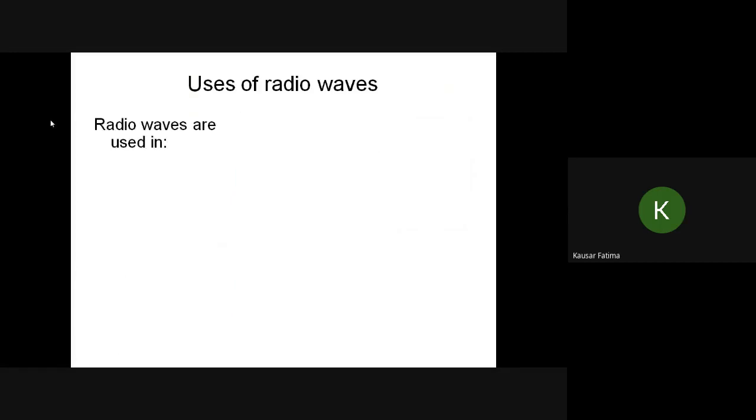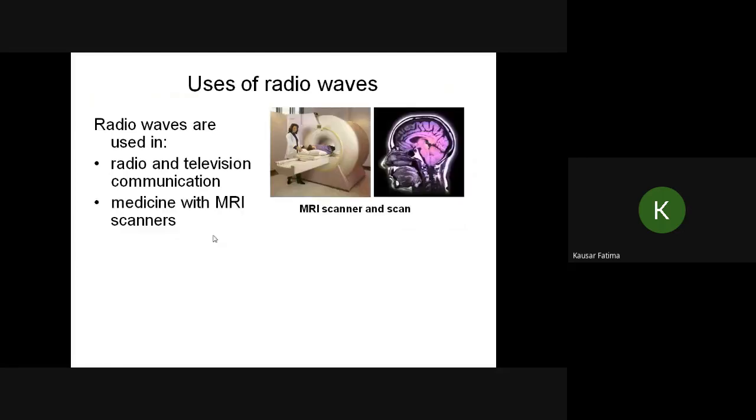So the uses are in radio and television communication, and in medicine with the MRI scanner. MRI, magnetic resonance imaging, is used to find problems hidden inside, like a brain tumor or a problem inside the heart.